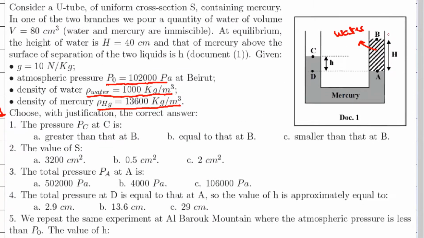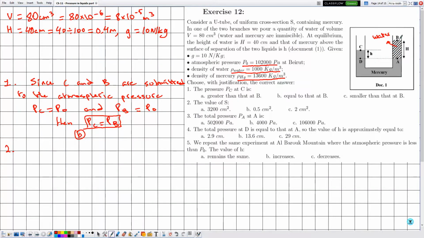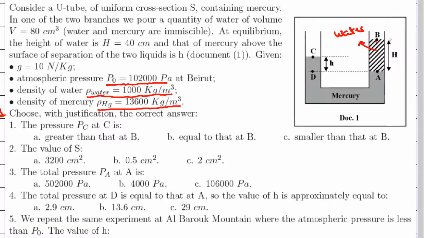But here they are giving us the volume of the quantity of water, so we know the volume. Moreover, we know the height, which is 0.4 meters, which is 40 centimeters. So it's left to determine the cross-sectional area. We know the volume of this water and we know its height. So what's the shape of this quantity of liquid?